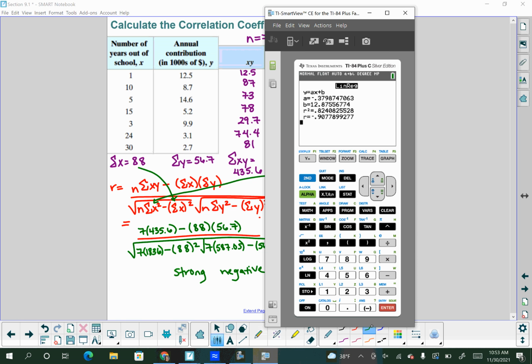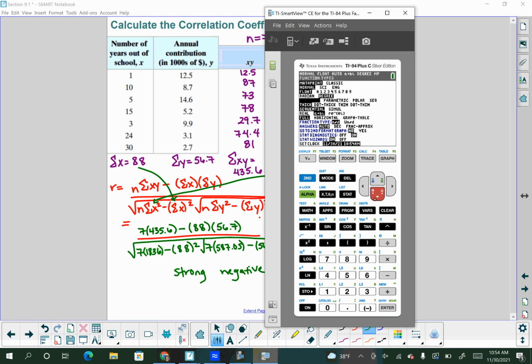If you want to see the data in your calculator, it might help if you're doing your homework. Go to y equals. Yeah? I didn't get that. I only got A, B. Oh, your R didn't show up. Okay, so we just need to change something real quick. Hit mode.